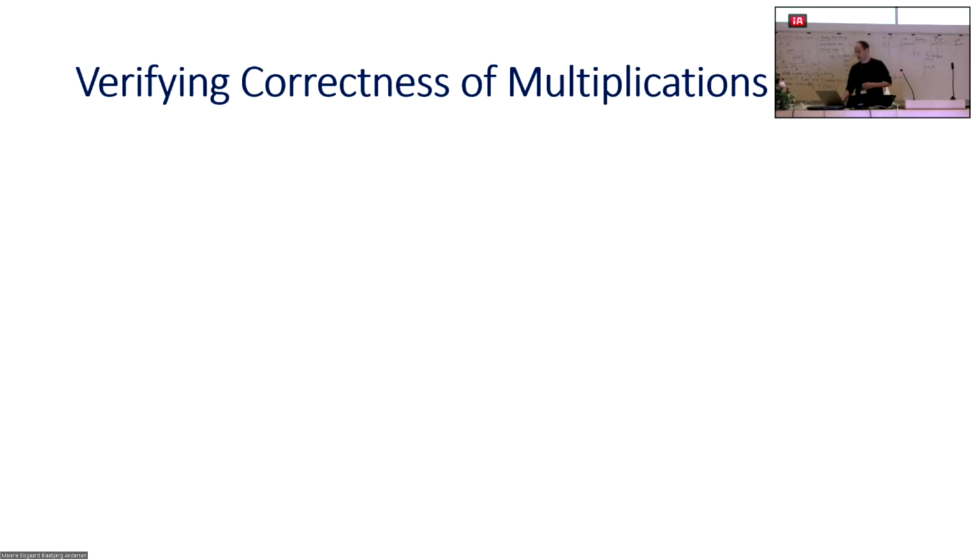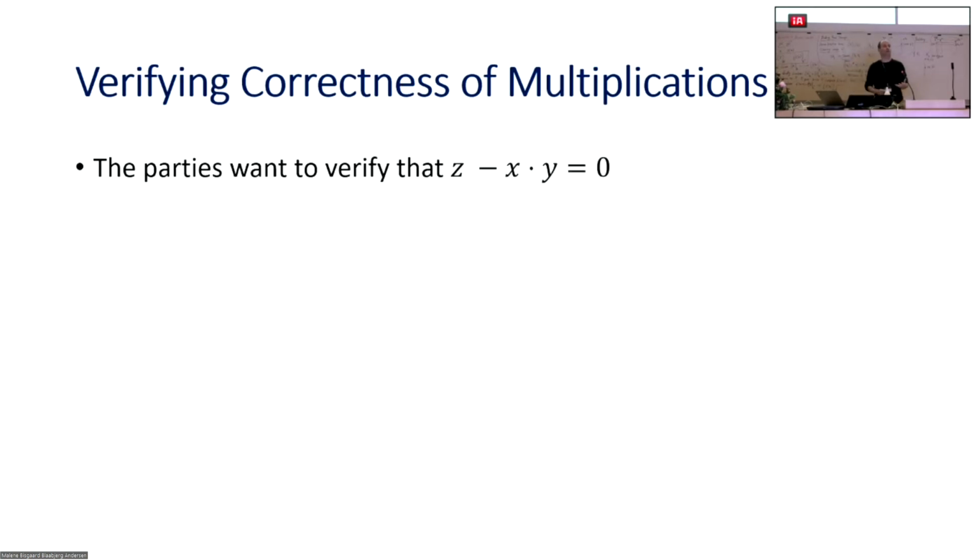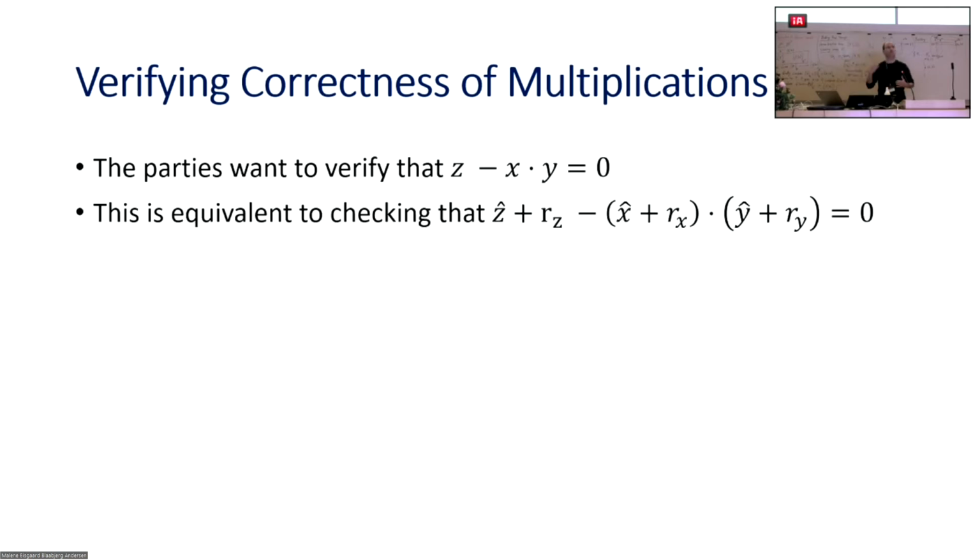So the idea is the following. First of all, what do we want to verify? Basically, we want to verify that each output of each multiplication gate is consistent with the inputs. In other words, we can write this equation by replacing each secret by the masked secret plus the mask. This is exactly the same thing.